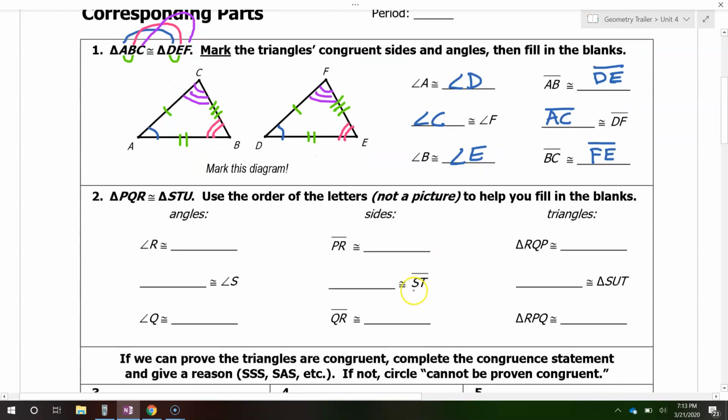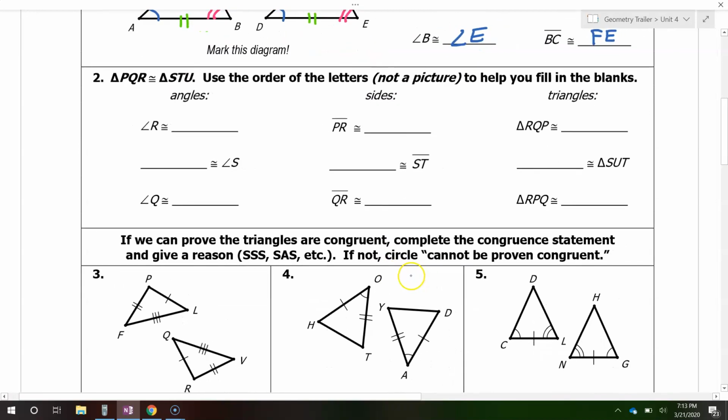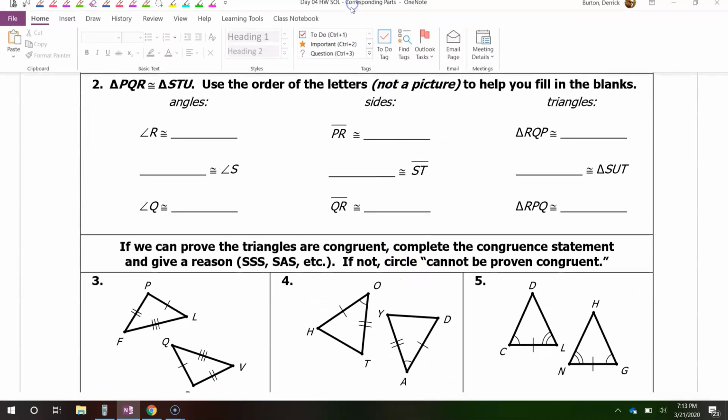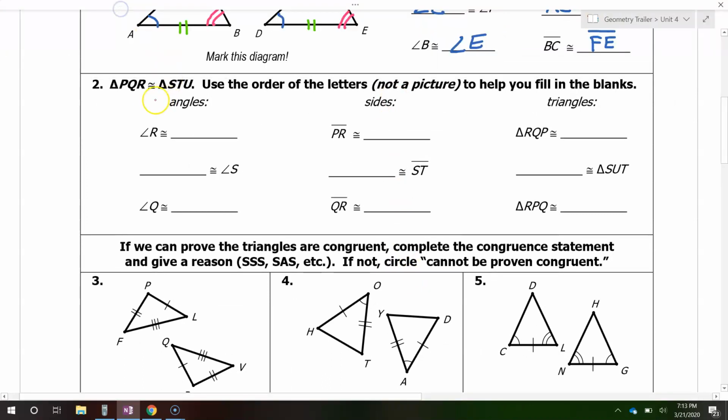All right, moving on to problem number 2. We don't even need a picture to say what is congruent to what. We're going to use the order of the letters. So, angle R is going to be congruent to angle U, because they are both in the third position.